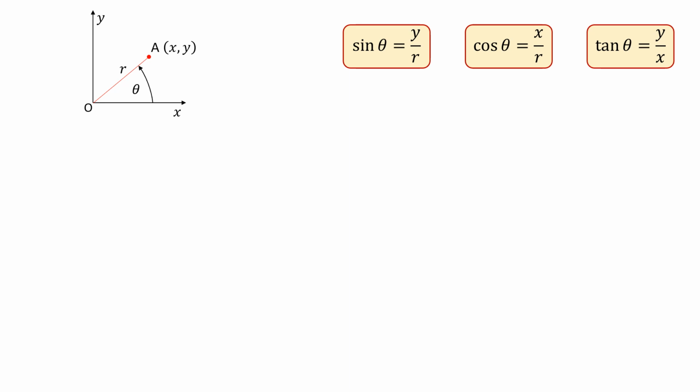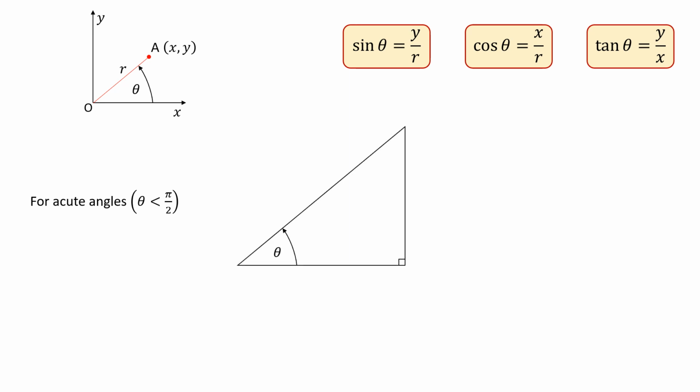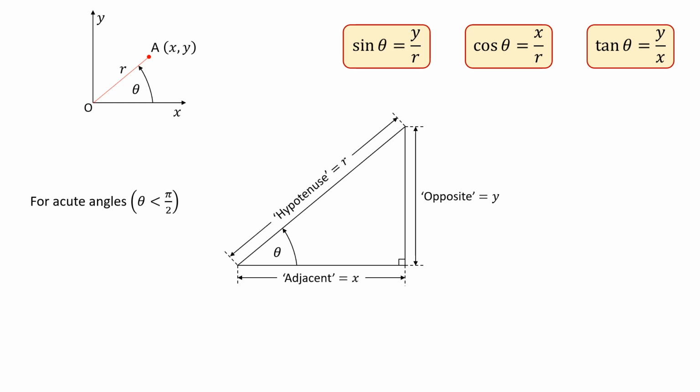Let's suppose that theta is an acute angle, i.e. an angle less than pi over 2 radians, or 90 degrees. Then we can draw a right-angled triangle containing the angle theta as shown here. Now, the height of this triangle, y, is the length of the side opposite to angle theta. The width of the triangle, x, is the length of the adjacent side, and r is the length of the hypotenuse of the triangle.